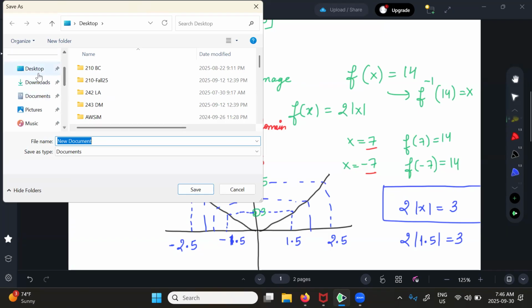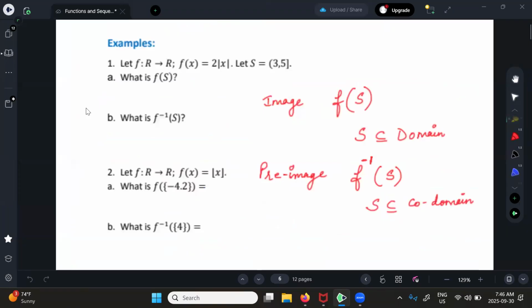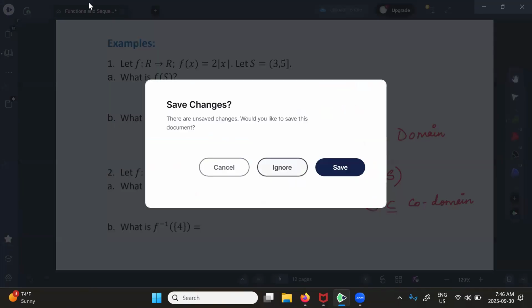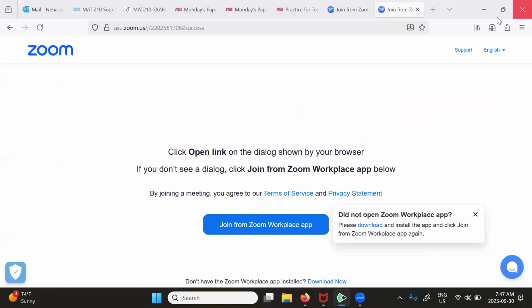Why don't I see desktop here? There. Okay, saved. Oh, my pen has stopped working. It has happened in the past. I think it happened with your class, right? Let me close this and then let me open it again.